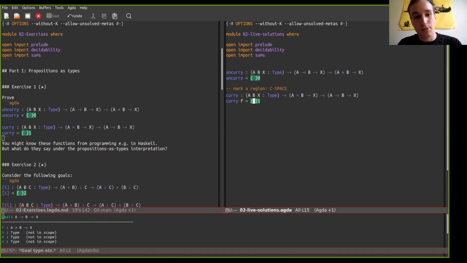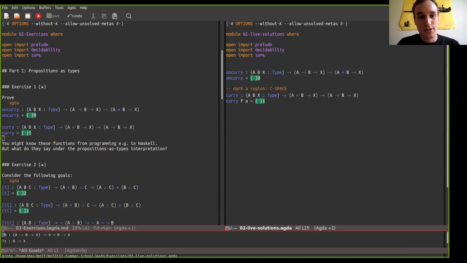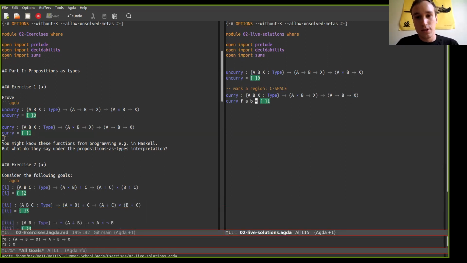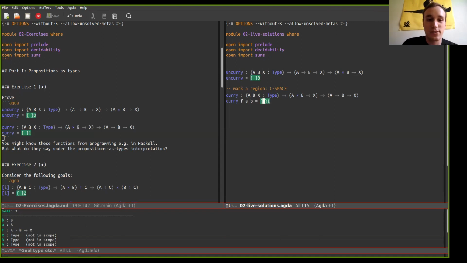Control C, Control comma: something of type function A to B to X. So we have to give it another argument, something of type A. Then Control C, Control comma, the goal becomes B to X. So we give it a B. And the goal becomes something of type X. And what do we do now?